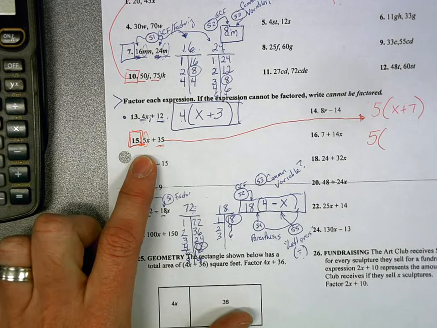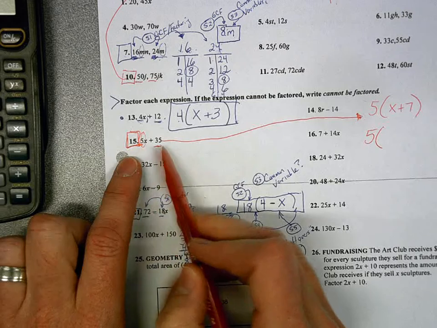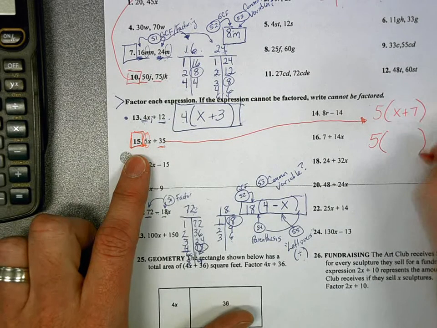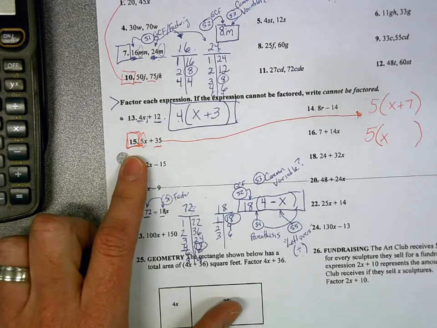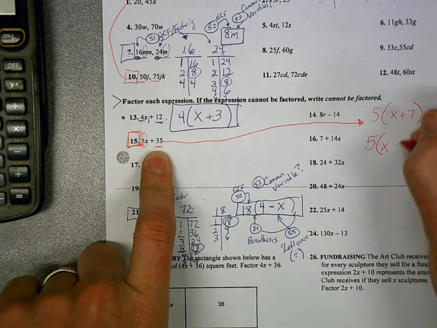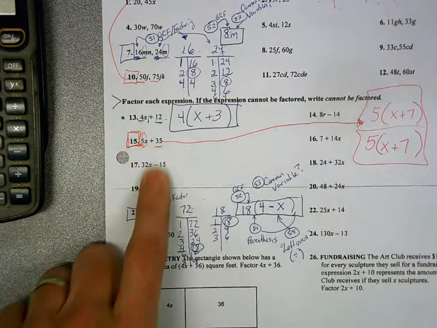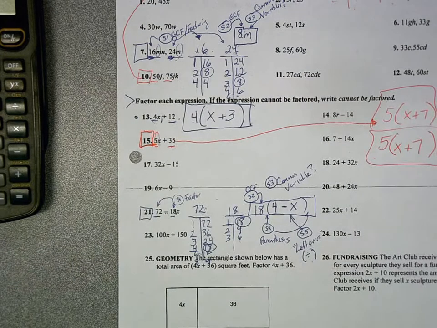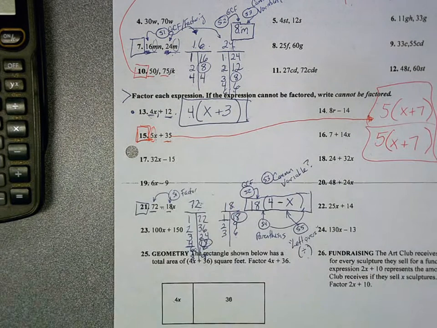Then we take a look and say, what is left over? Well, 5 times x, what's left over is just the x. And when I divide the positive 35 by 5, I get a positive 7. And so, of course, that would be correct. Obviously, there were no common variables, so I didn't have to worry about factoring out a variable. Okay, questions on that?